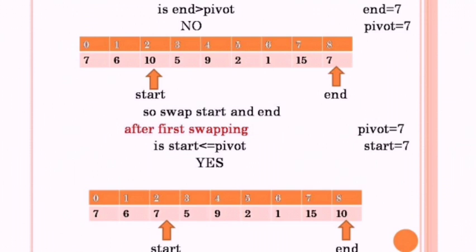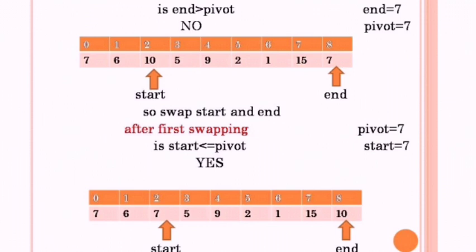So we need to swap the start and the end. When the end condition is false, we need to swap the start and the end. Here after swapping, the 7 comes to the second index and 10 goes to the 8th index. You can see in the down box here.